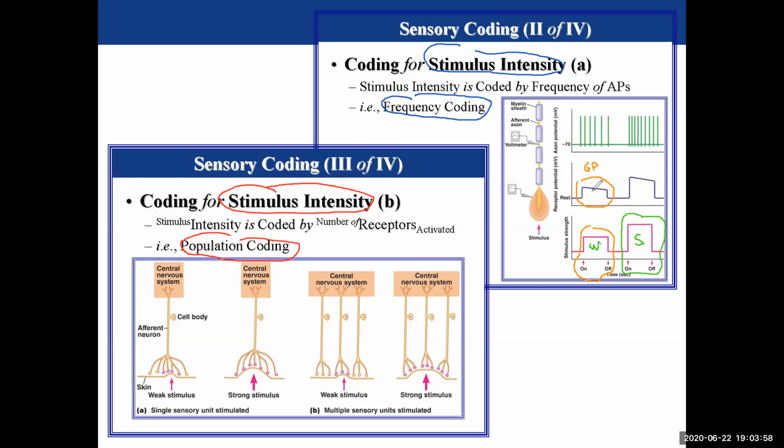So this would be a small graded potential. But the stronger stimulus would generate, this is also a graded potential, a larger graded potential.